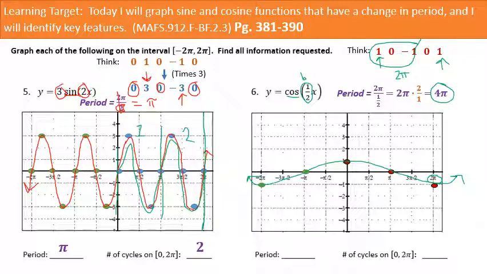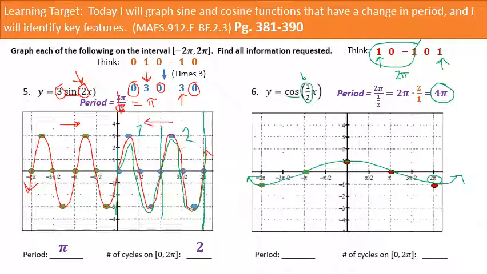If you think about it, it makes perfect sense. This b value was less than 1. It's a fraction. Remember when our b value was more than 1? It caused this graph to get kind of scrunched up like it did on number 5. Remember, this 2 was bigger than 1, and this looks like it got compressed horizontally.